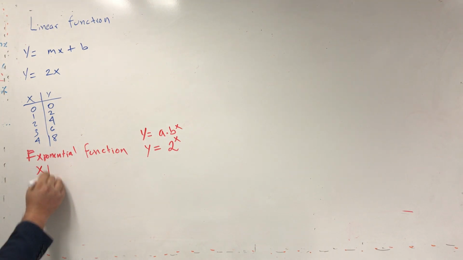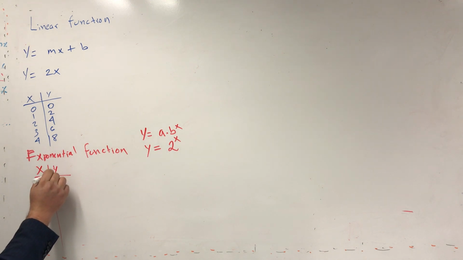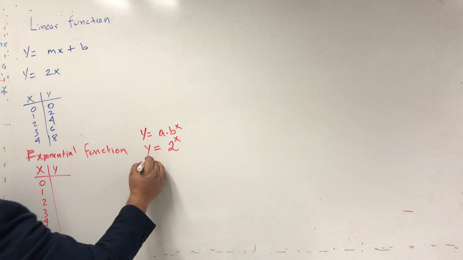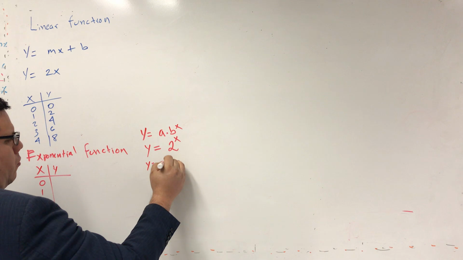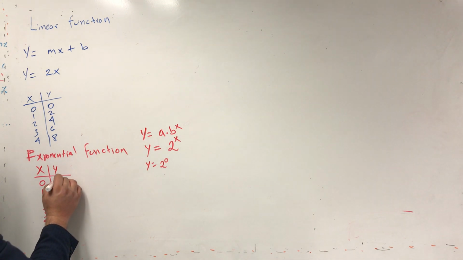We have x and y, with the same values: 0, 1, 2, 3, and 4. For the first one, 2 raised to the 0, there is a rule in math that every number raised to the 0 power is just 1.